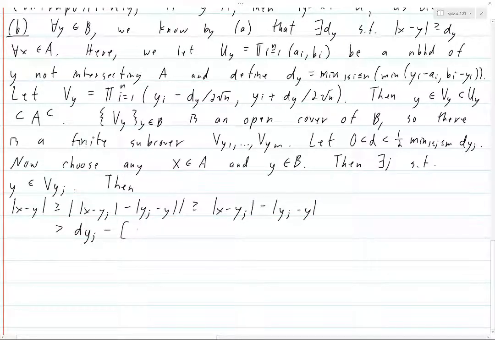So here we take the norm, and it's going to be the sum from i equals 1 to n, and on the inside we've got dyj over 2 square root of n. This entire thing is squared. Then we have a 1/2 on the outside.